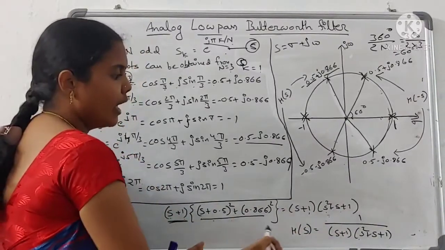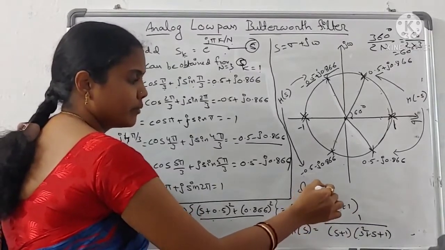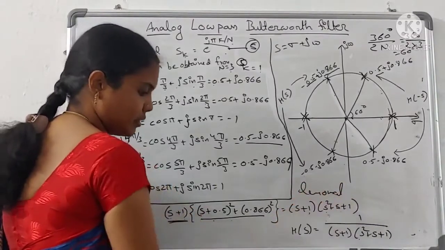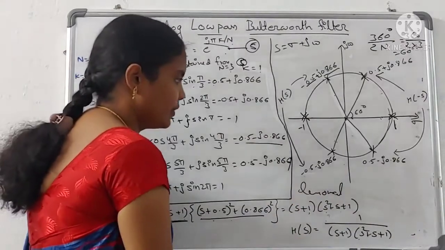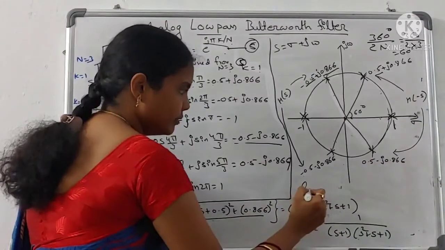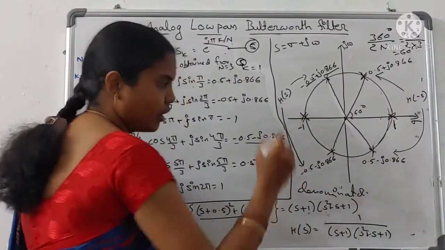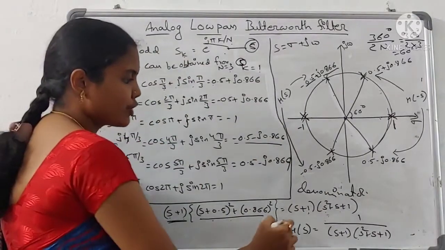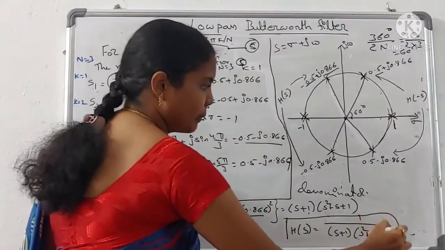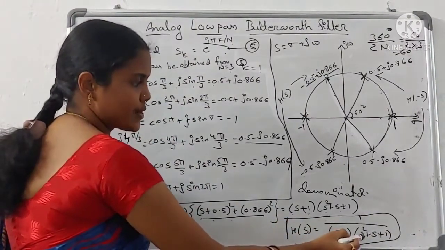Now this is the denominator part of h of s. H of s is now 1 by s plus 1 into s square plus s plus 1.